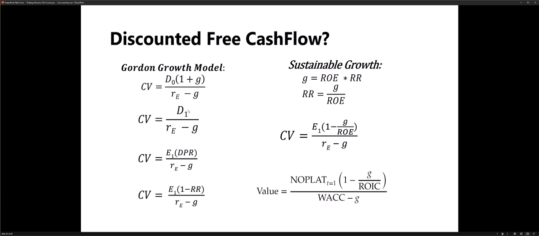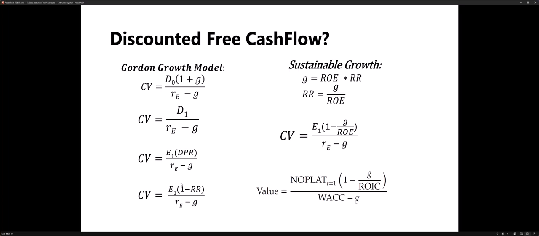And so, what is D1? Can we expand it? Yeah, of course. It's basically earnings times your dividend payout ratio, right? So if you're giving back 50% of your earnings, if you multiply 50% times your earnings, then that would be dividends. Well, what is DPR? It's basically the same thing as 1 minus RR, or your retention ratio, right?